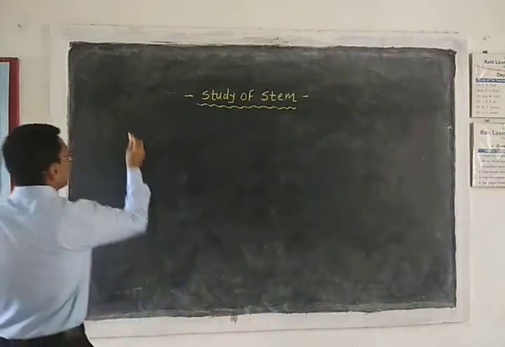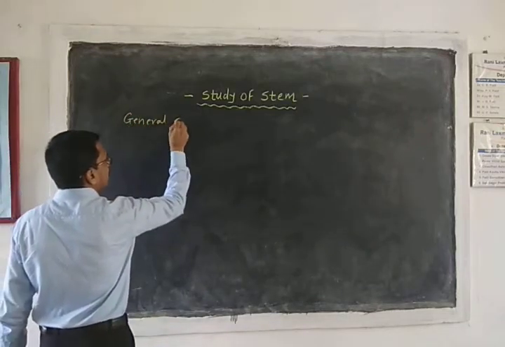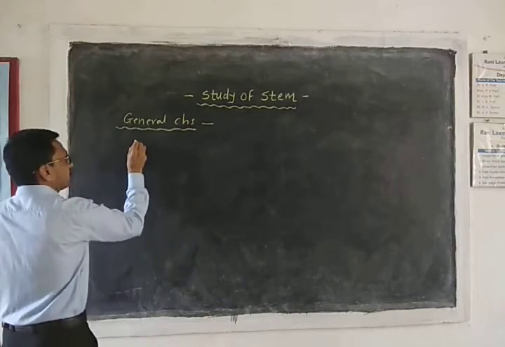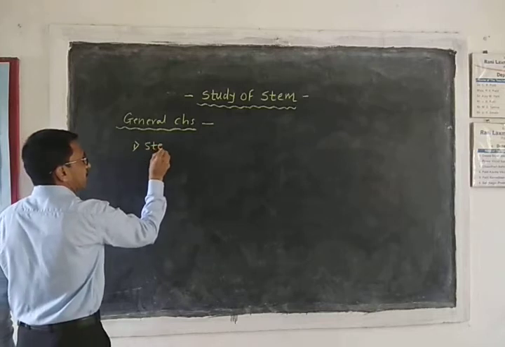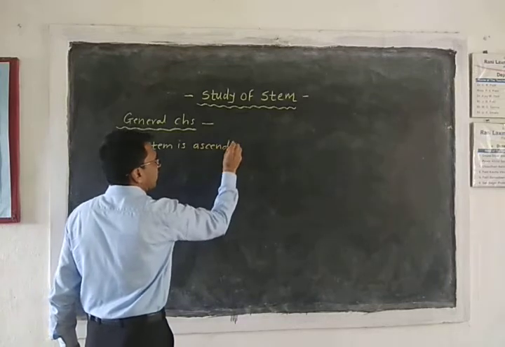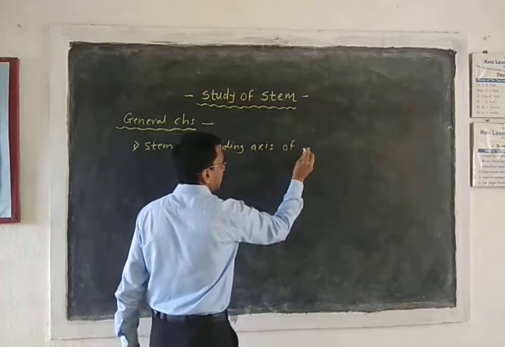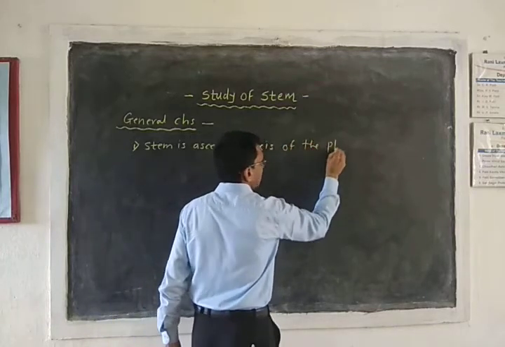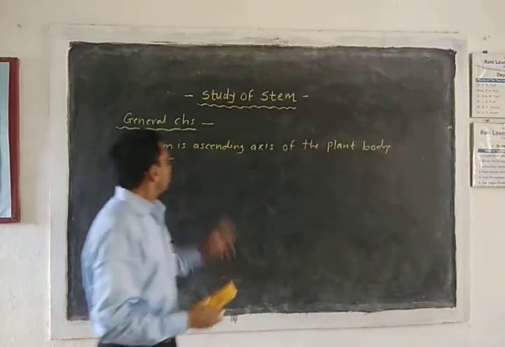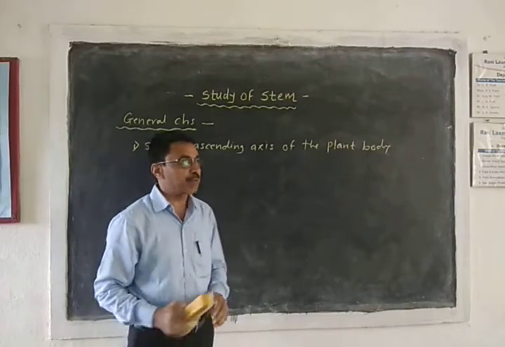First general character of stem is: stem is ascending axis of the plant body, while root is descending axis of the plant body.